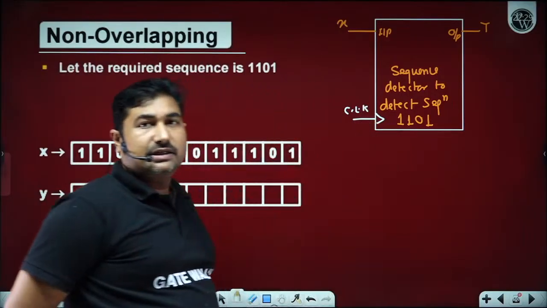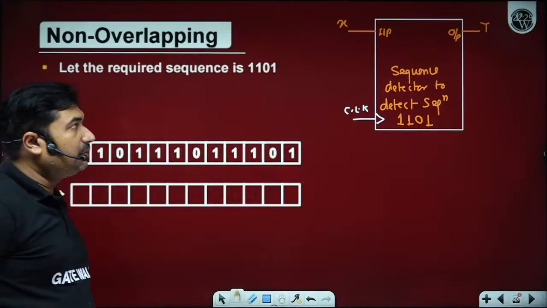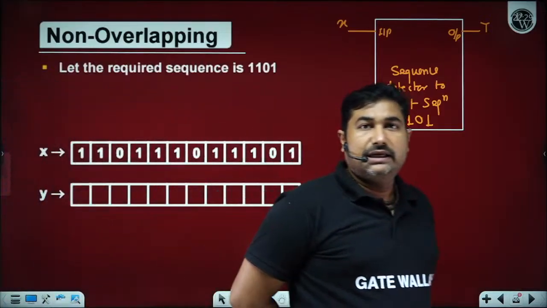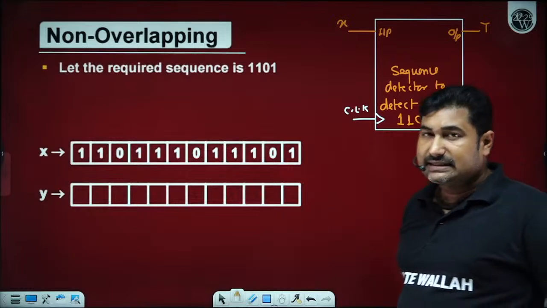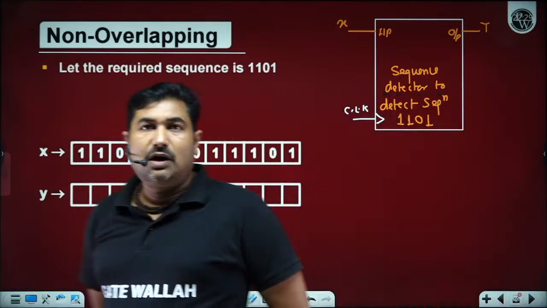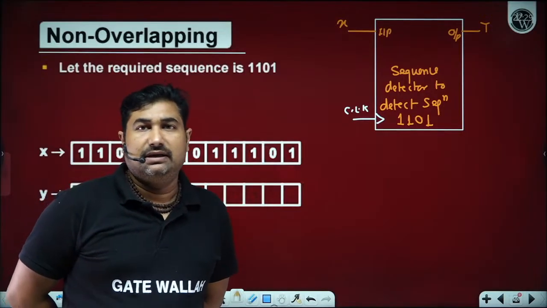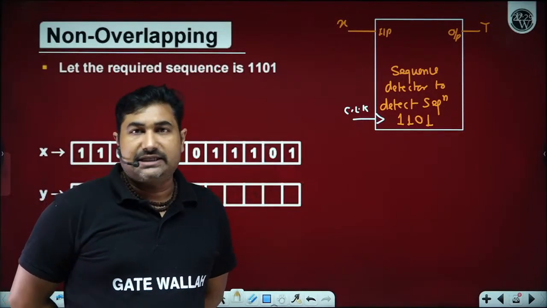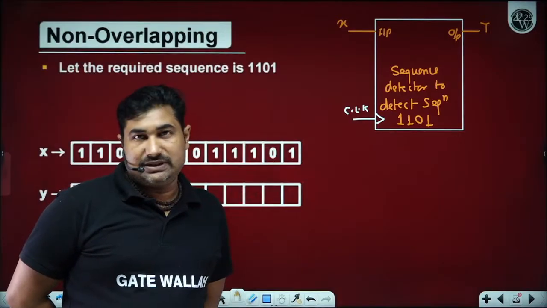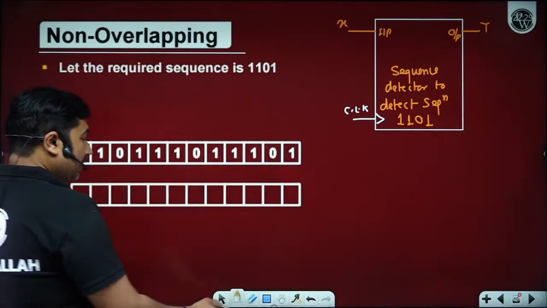In a clocked synchronous sequential circuit, we are giving input bit streams onto X and we are getting output onto Y. Output Y will become logic 1 only when the input bit stream follows the given sequence, and that too non-overlapping.